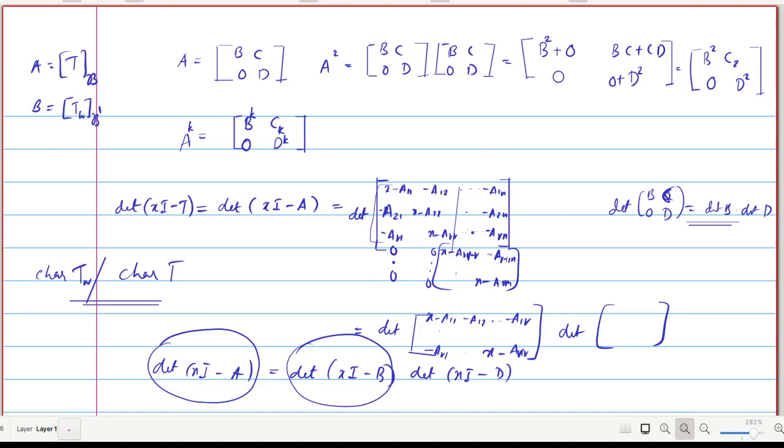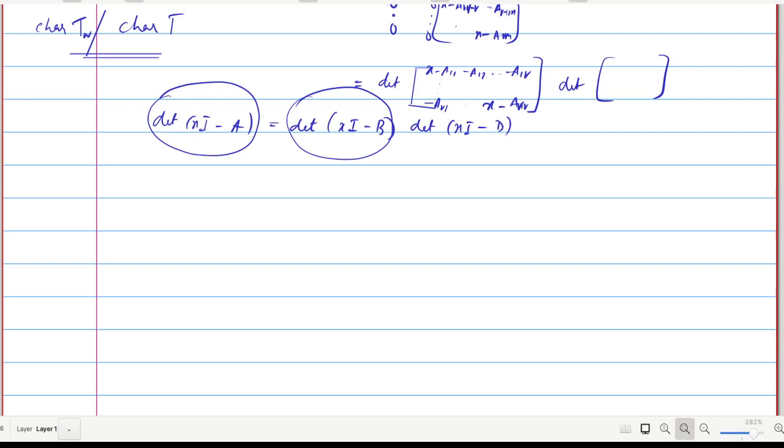Similarly, you can prove in the case of minimal polynomials that the minimal polynomial of tw also divides the minimal polynomial of t. In the case of the minimal polynomial, we consider the annihilating polynomials first. Consider the set of all q belonging to f of x such that q of t equals 0.